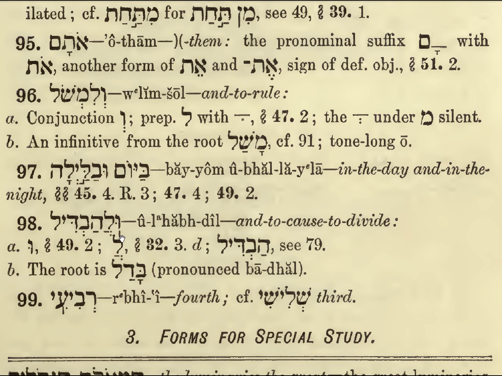U lahab dil. So long vowel u, lahab. Here we have our first proper vowel, so it's lahab, and then dil, u lahab dil, and to cause to divide. We have u, which is and, la, and habdil, which is our causative.